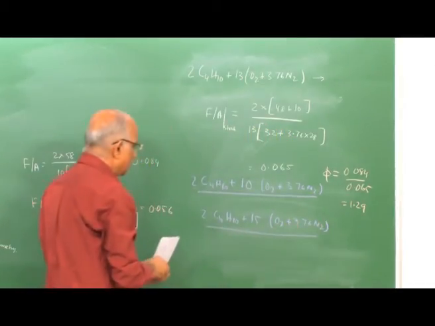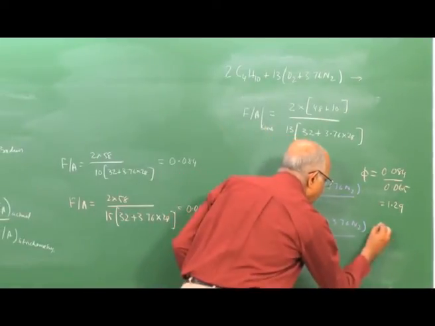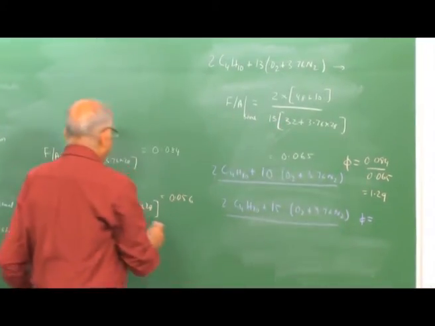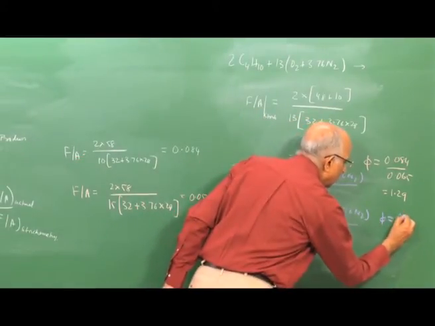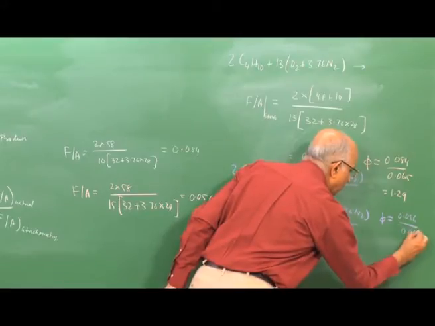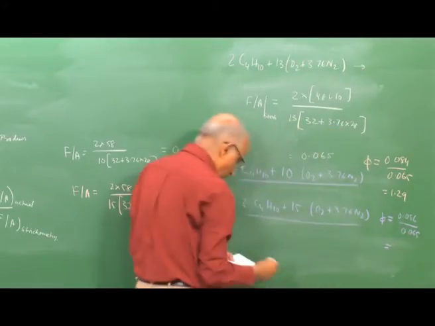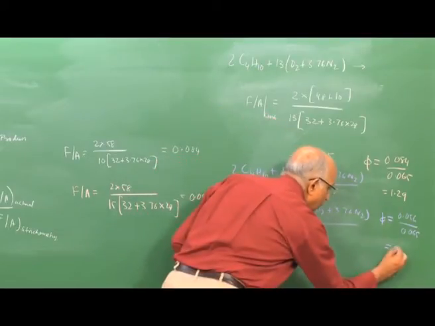In the second case, wherein I had more oxygen, the value of phi is equal to 0.056 divided by 0.065, and this value comes out to be equal to 0.86.